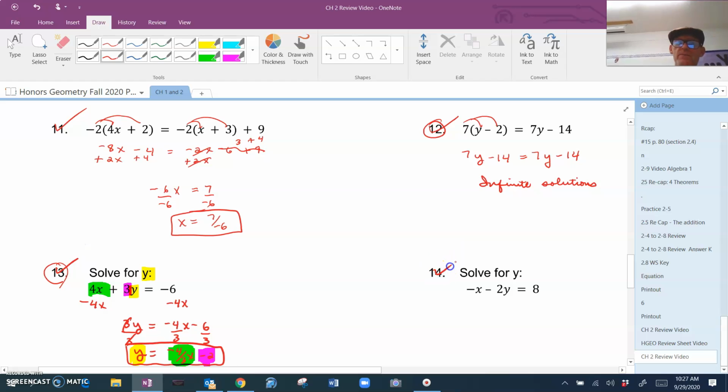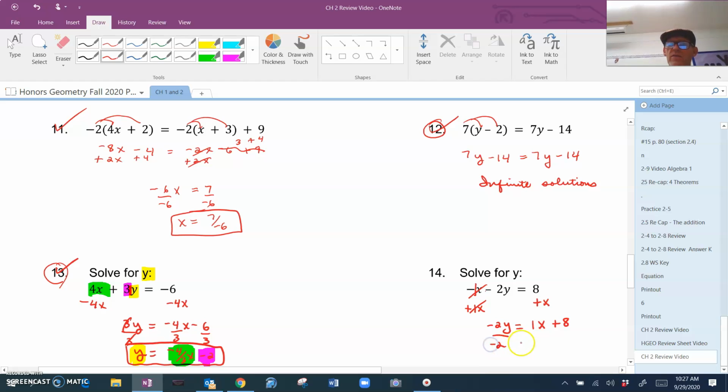Number 14. Won't check that off just yet. All right, there's an invisible 1 right there. So my first move would be to add 1x to both sides. And then my second move would be to divide everything by -2, but I have 1x plus 8 on the right.